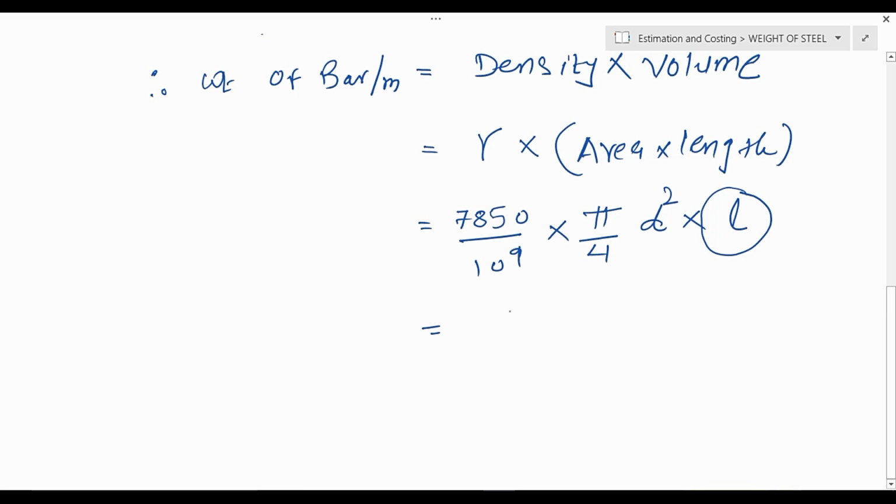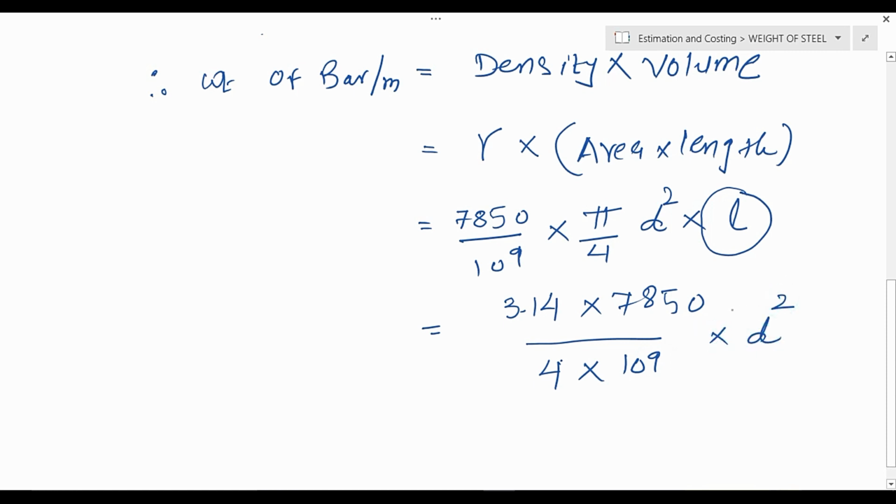My pi value is 3.14, so 3.14 multiplied by 7850 divided by 4 multiplied by 10 raised to 9 multiplied by d square.